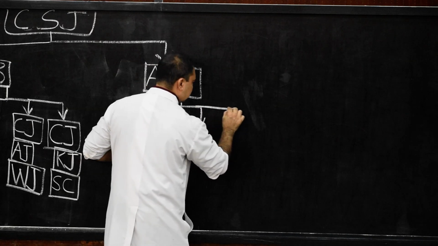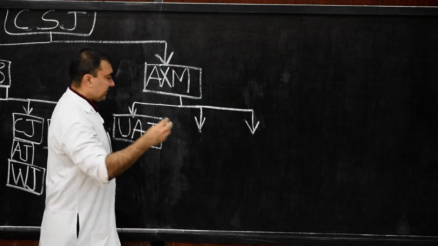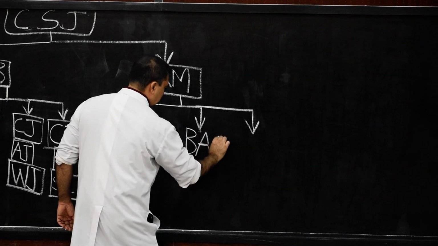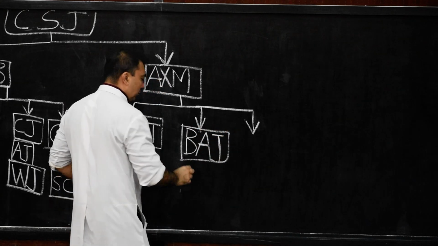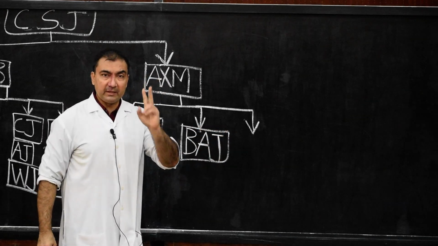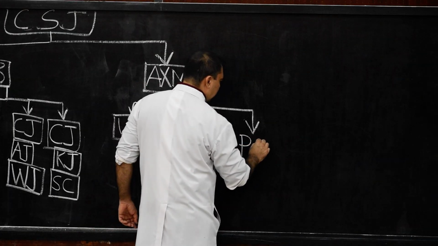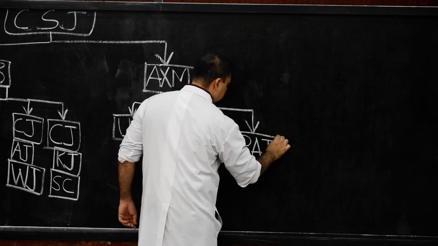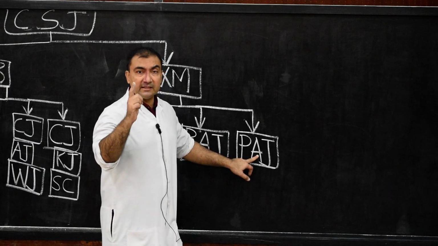Then we come across to the next axes, biaxial, two axes. So therefore these joints are biaxial joints, based upon two axes of movement. Third category, polyaxial joints. That means they will move around three different axes.